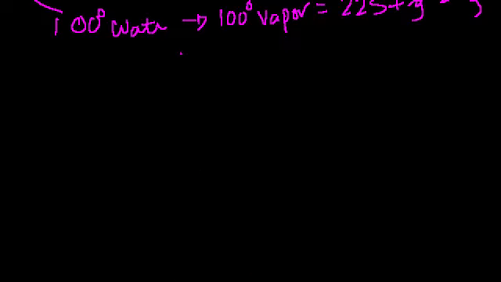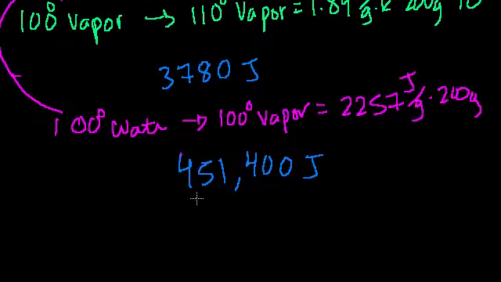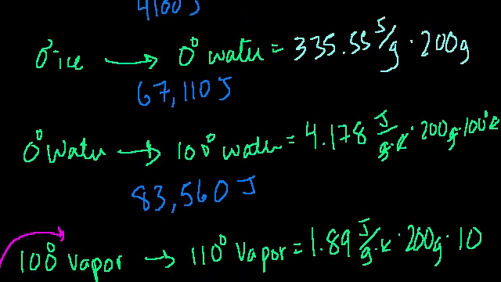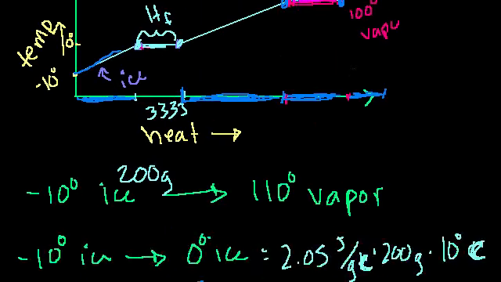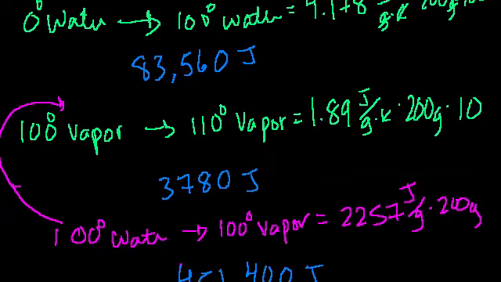I'm doing that in blue. So this piece right here is 451,000 for our sample of 200 grams. This piece right here was 83,000 joules. This piece right here was 3,780 joules.